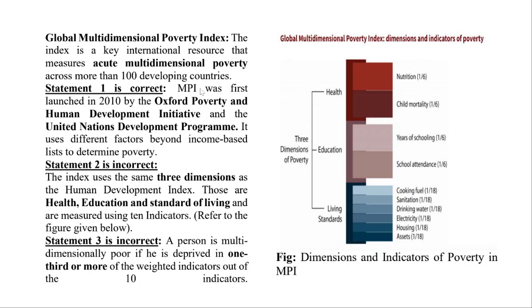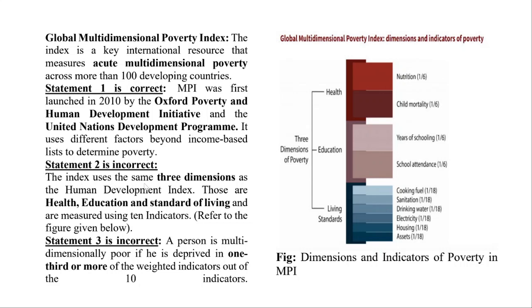MPI was first launched in 2010 by the Oxford Poverty and Human Development Initiative and the United Nations Development Program. It uses different factors beyond the income-based list to determine poverty, not just income but health, education, living standards, etc.